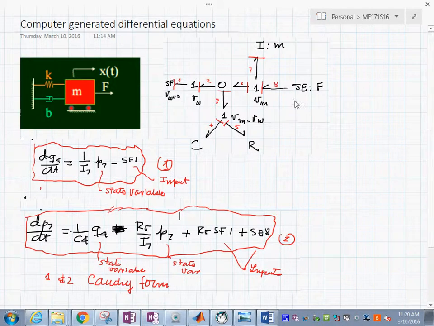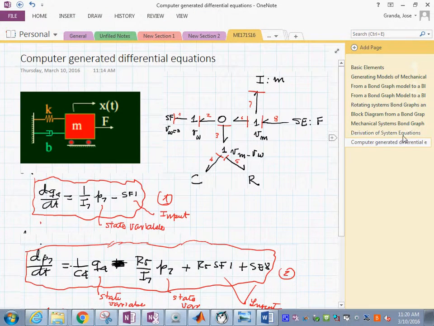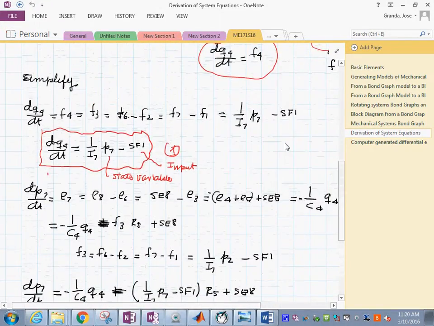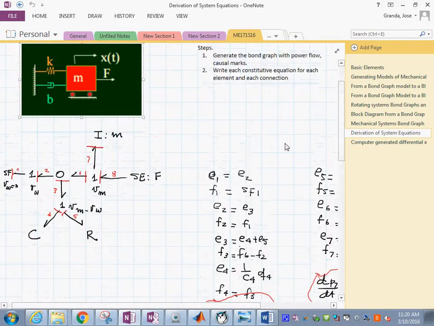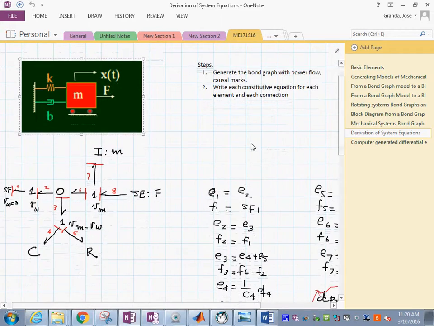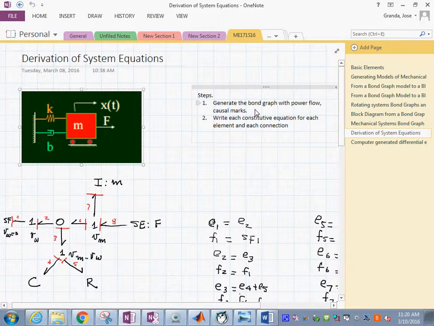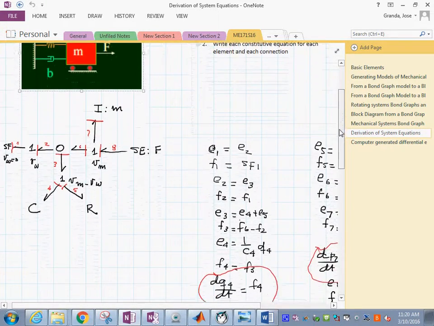Now, in the previous lecture, what we had done is derive all the equations by following this procedure. We write the constitutive equations for each one of the elements, and then we came up with a set of individual equations. How do we do this?